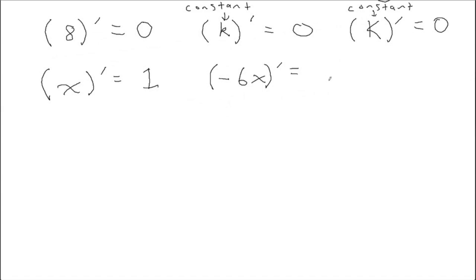How about this? Let's see. That would just be -6. Good. That would just be, let's see, 1/5 x to the 5th... that would be x to the 4th.